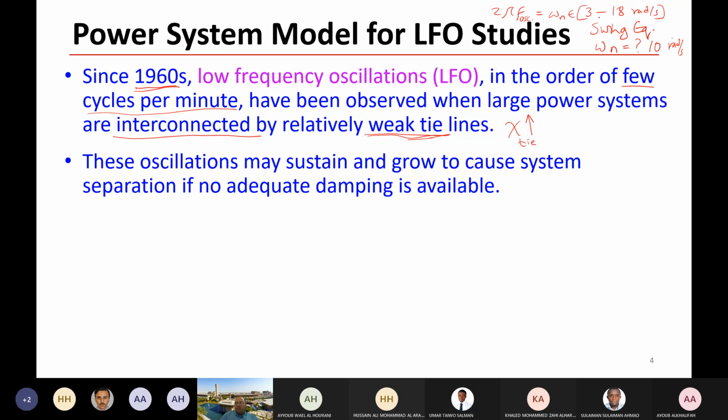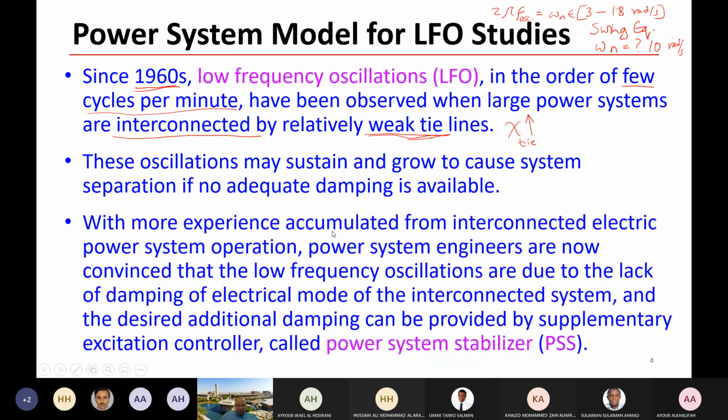But this is the range, and you can go with lower frequency of oscillation than 3 hertz or 3 radian per second. Okay, these oscillations may sustain and grow to cause system separation if no adequate damping is available.